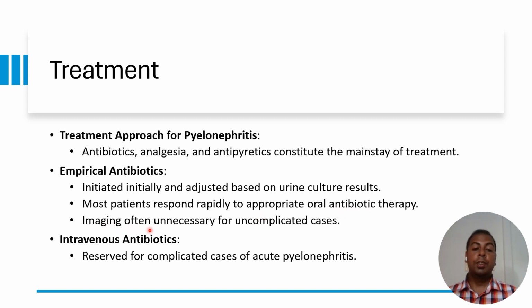Imaging is often unnecessary for uncomplicated cases, and intravenous antibiotics are only required if a patient develops complications and needs to be hospitalized, especially if it's not resolving or the patient is either immunocompromised or has some sort of other comorbidity.